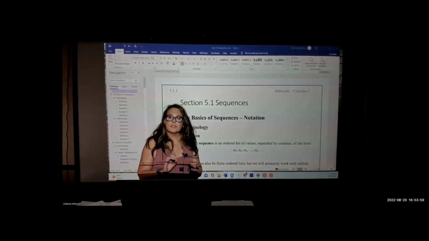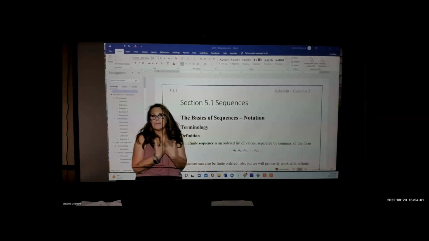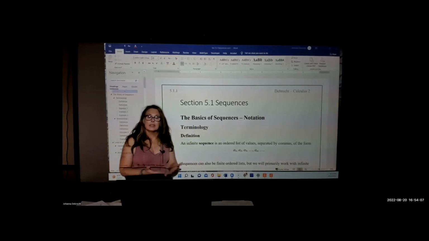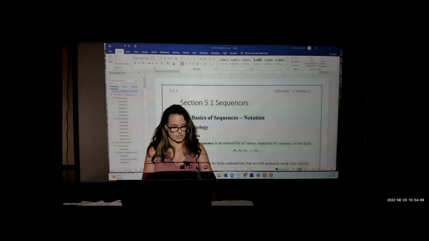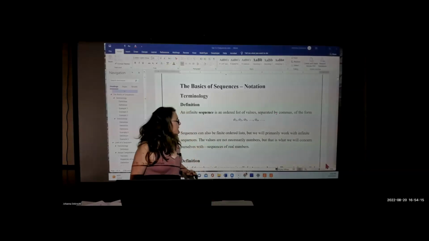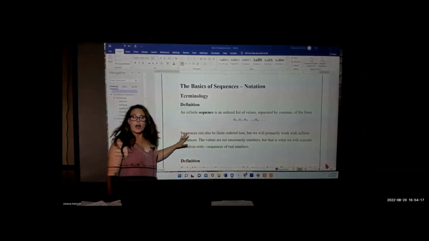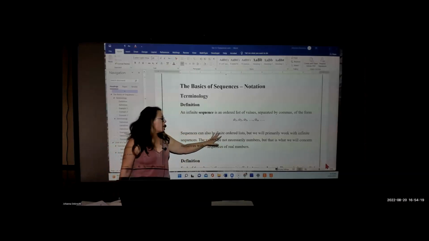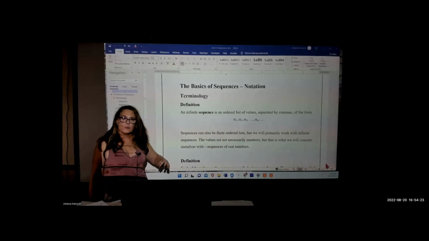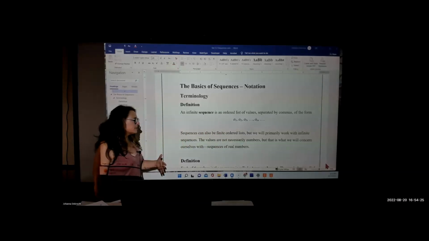Now, the values themselves don't have to be numbers, but in mathematics, we're primarily concerned with sequences of numbers, specifically sequences of real numbers. So when we're looking at these, what we're going to be focused on are sequences of real numbers. Now, we're not going to look too often at finite sequences because what we're mostly concerned with, of course, are infinite sequences.